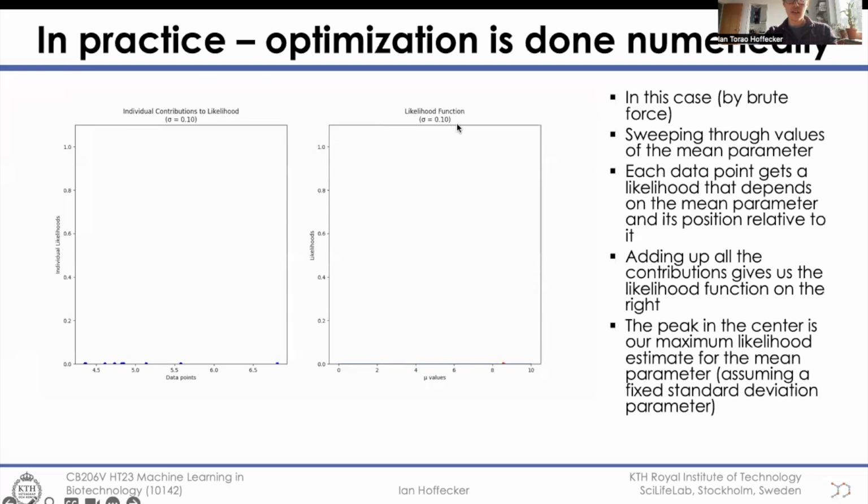So in this example here, I'm showing how for each value of sigma, one of our parameters, we're sweeping through and testing different values of mu, different values of the mean. These different values of the mean will change the individual contributions of each of these data points to the likelihood. You can see on the x-axis here, these are our individual data points. Depending on what sigma is and what mu is, these will contribute some likelihood value.